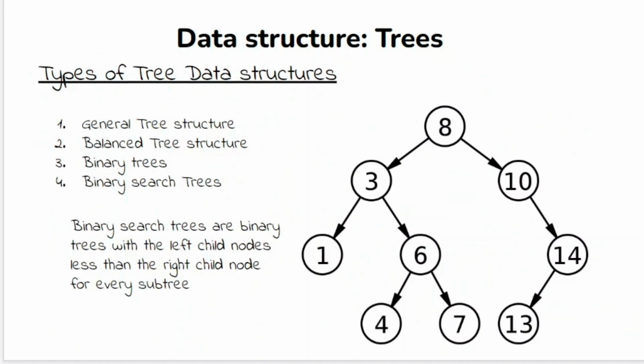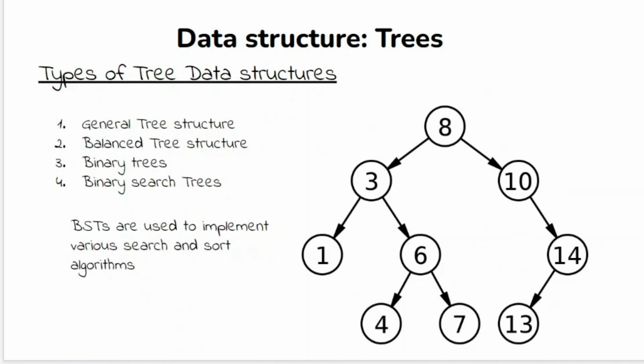And this property must work for every subtree as you progress down the tree. Once you look at 8, its left child 3 is less than 8, and its right child 10 is greater than 8. You look at 3 as a subtree, its left child 1 is less than 3, and its right child 6 is greater than 3. So this is the property of a binary search tree.